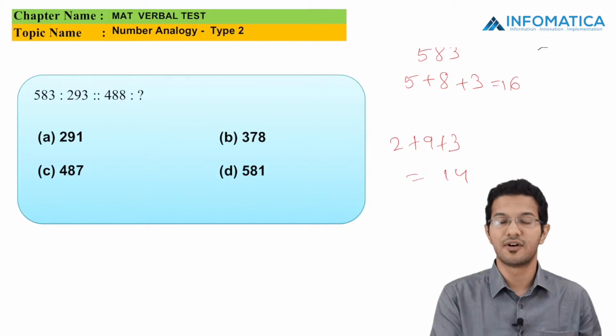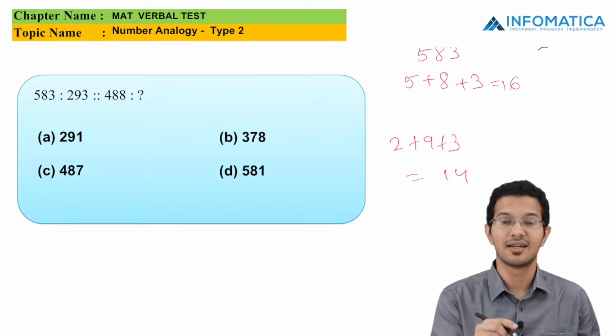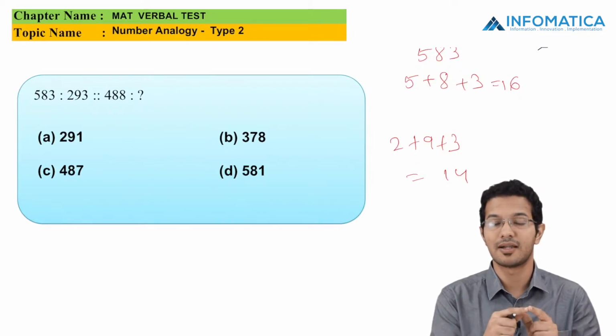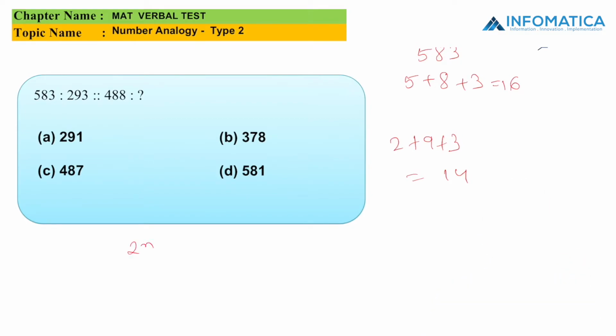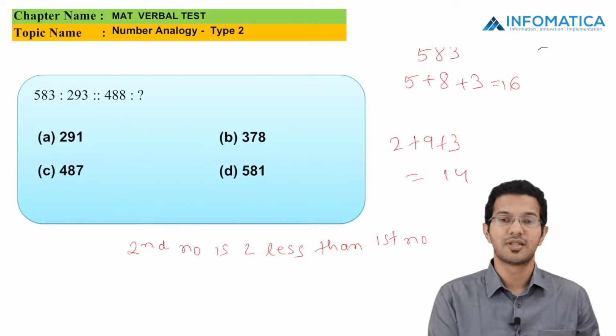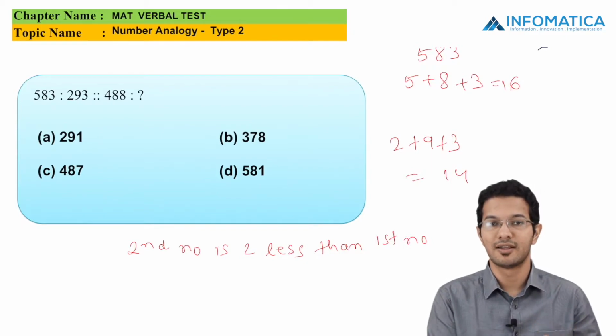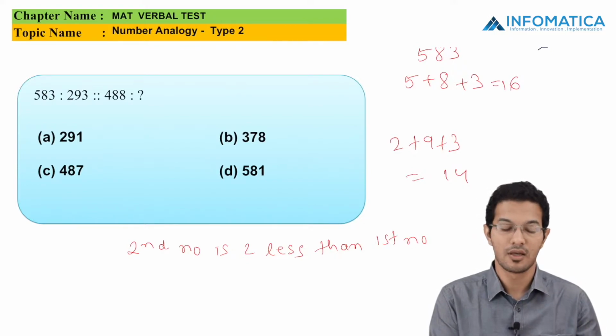So if you see the first pair, it is 16 and 14. I am getting the pattern in the form of 16 and 14. So the second number is 2 less than the first number. So as per the sequence, I have to find a number whose digit sum is 2 less than the first number's.